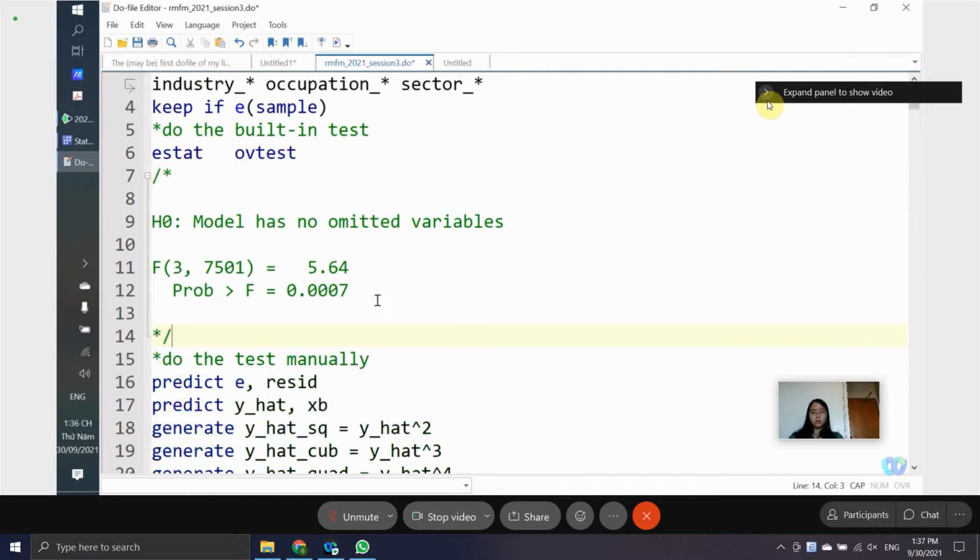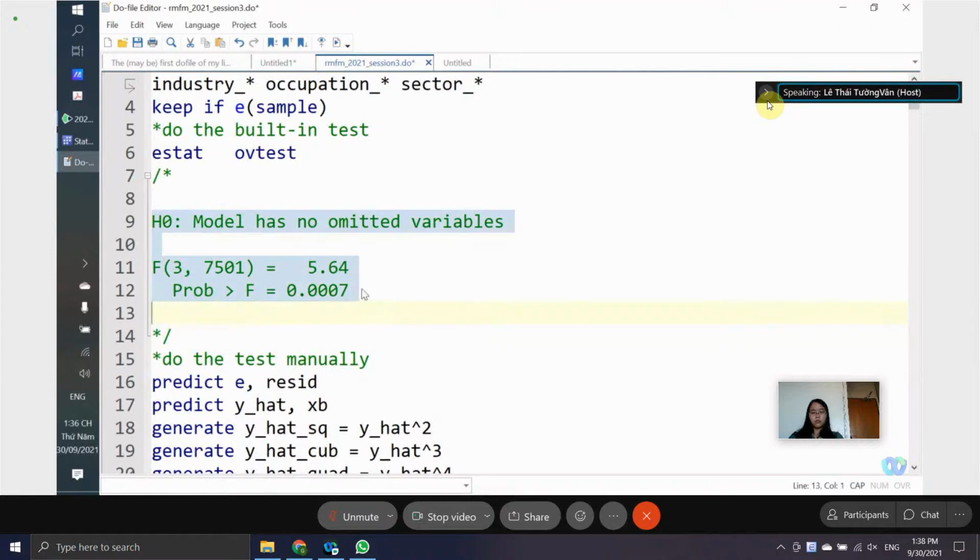At 0, the model has no omitted variables. Most of the time, the omitted variables are the nonlinear terms that make the relationship nonlinear. And what is our conclusion with this model, ladies and gentlemen?